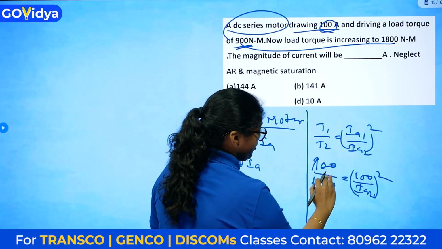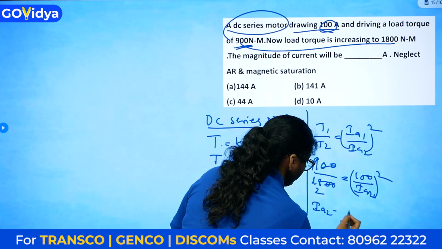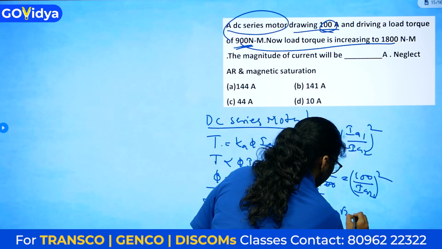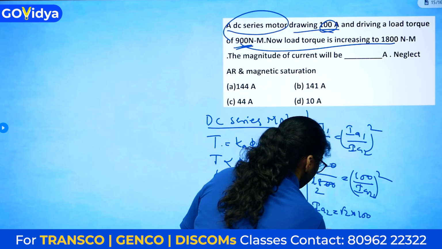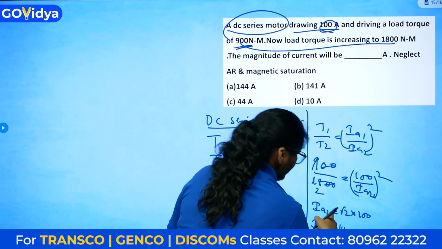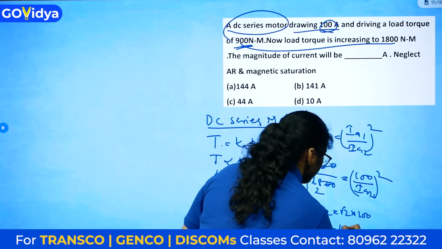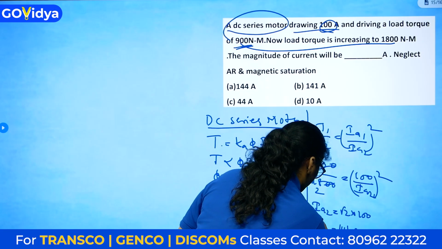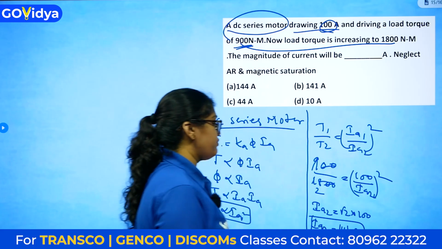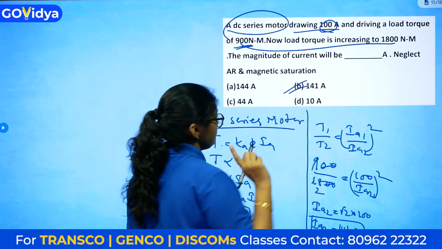So squaring on both sides, I'll get Ia2 is equal to root 2 into 100. Actually root 2 is 1.414 into 100, will get around 141 amperes. So 141 amperes, as this is a series motor.